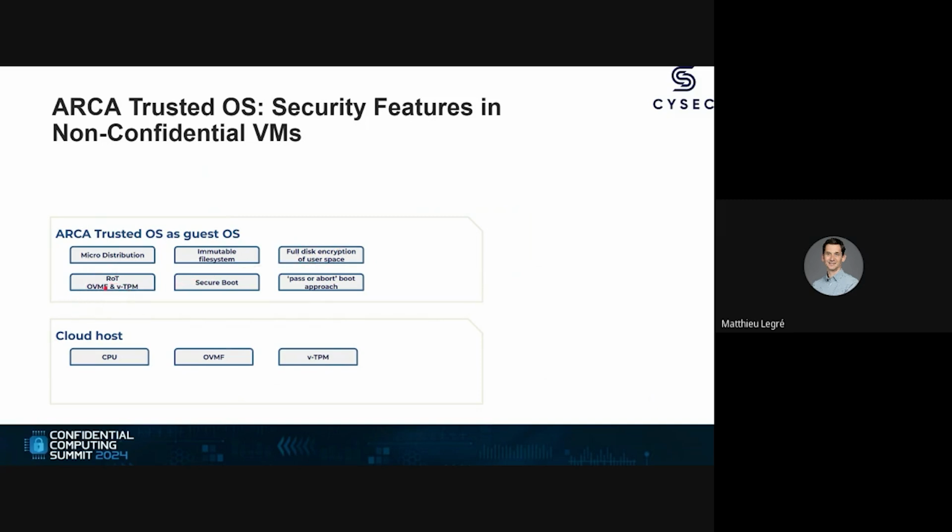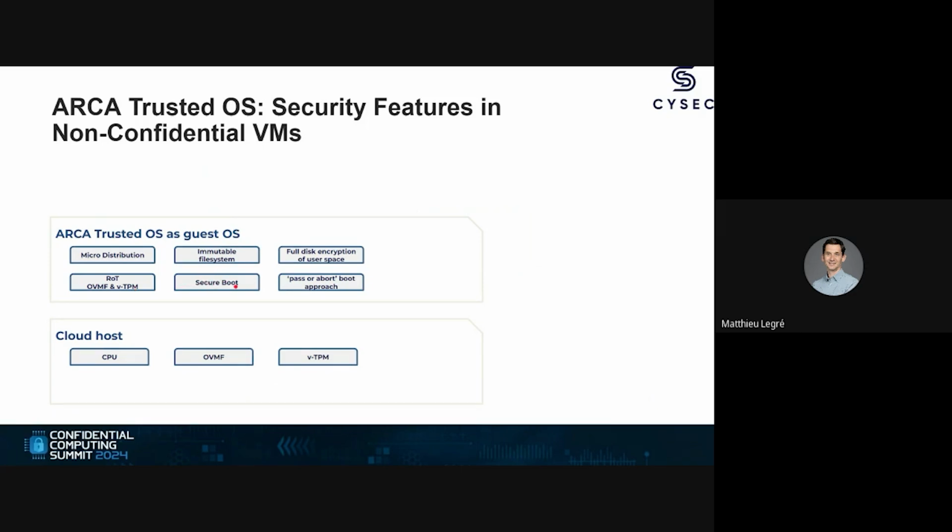The root file system, when we don't use confidential computing, so there are no confidential VMs in this slide. The roots of trust in this case are the OVMF provided by the host, by the CSP, and the vTPM, also a piece of software provided by the host.